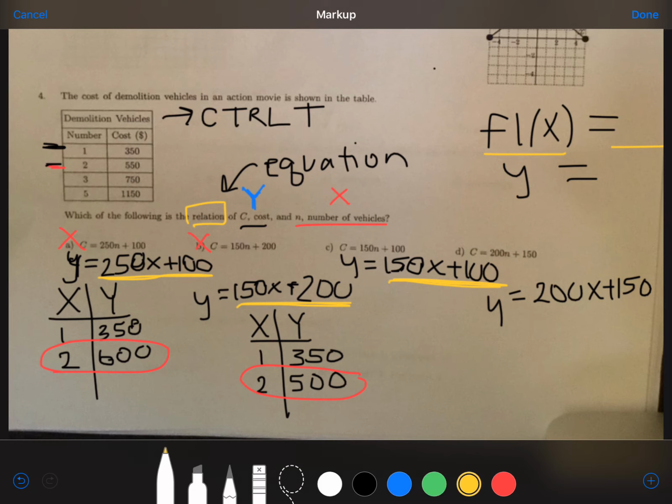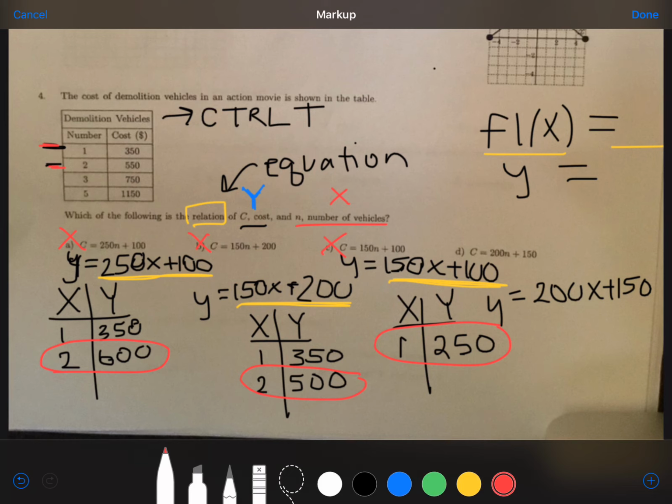Press enter. Now you see the graph, press Control T. Then we're going to write those values down as well. But on this one, the very first point I notice is 1, 250. Does this first point match the first point on the table that they give us? Absolutely not. So I can take out choice C.